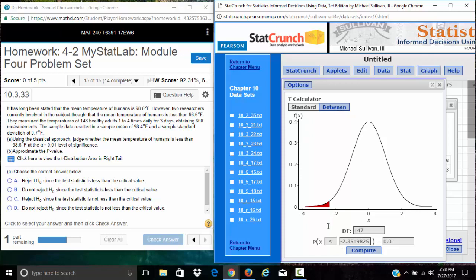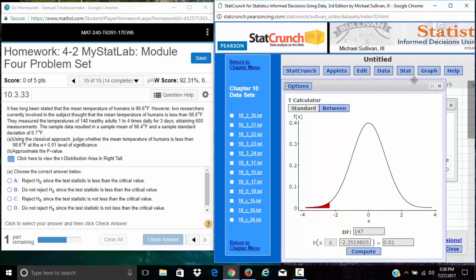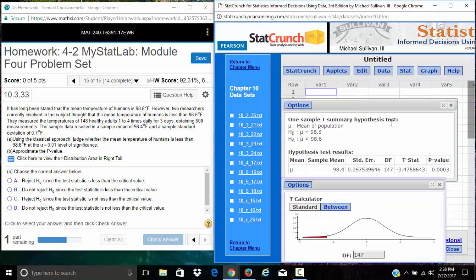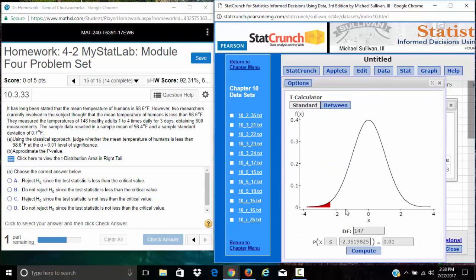But the other one we had was what? Negative 3.48. You see that? T-star, and here is negative 2.35. So as you can see, negative 2.35 is greater than negative 3.48.